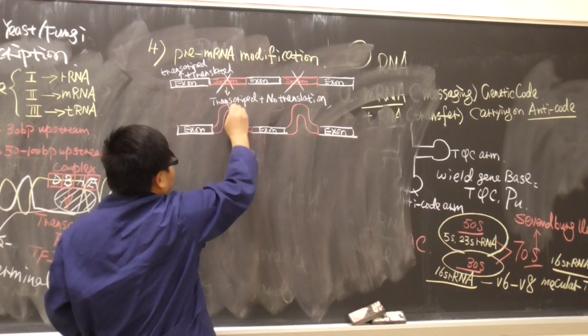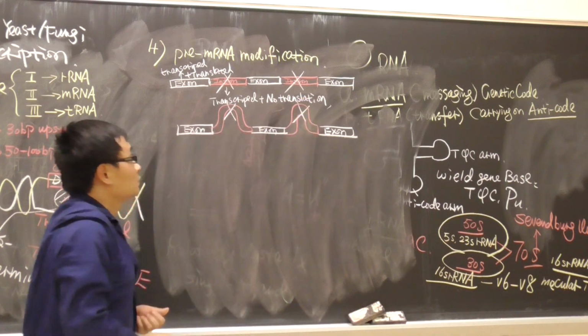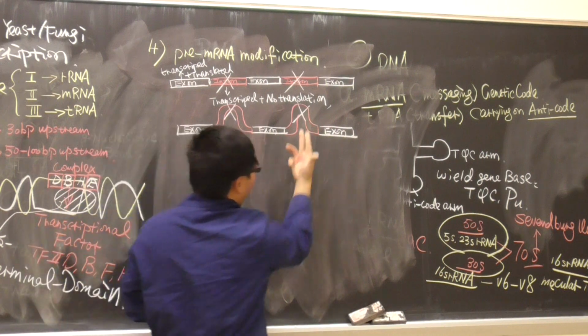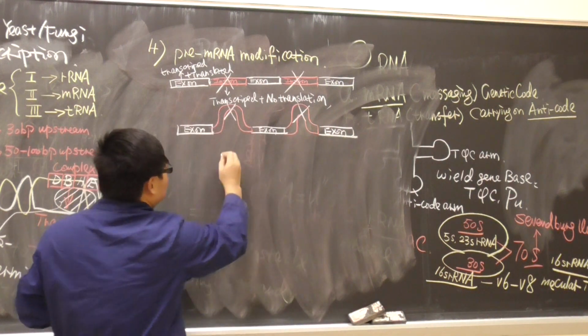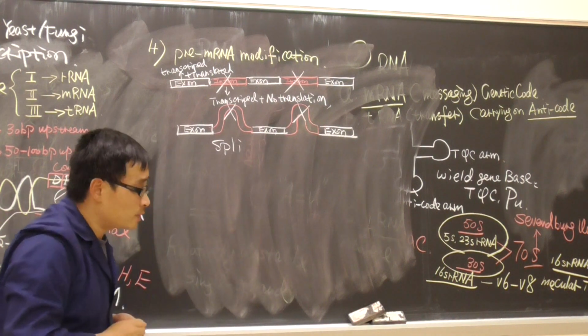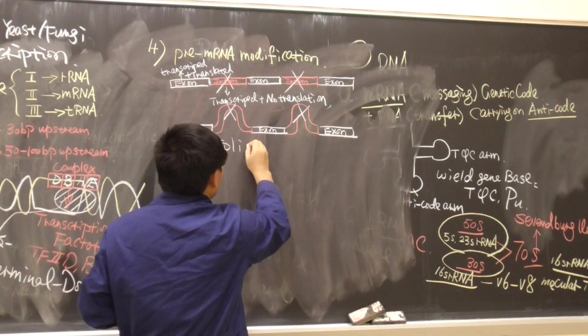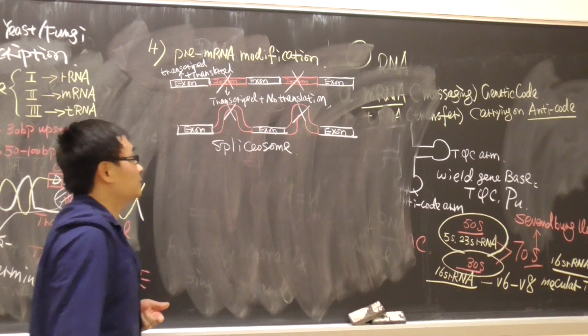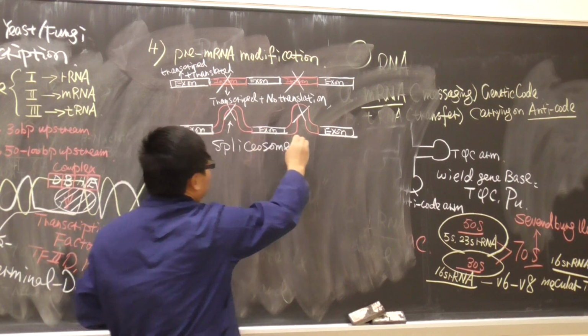Then we cut it. Do you find this is like a slice? You have a scissor, you cut it. The protein responsible for this is called the spliceosome. That's the protein responsible for this.